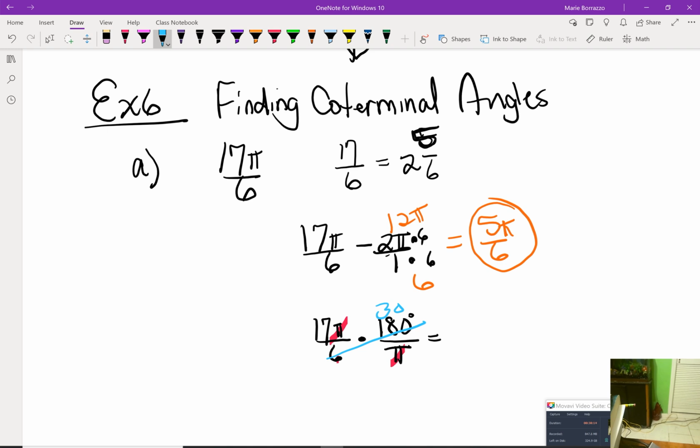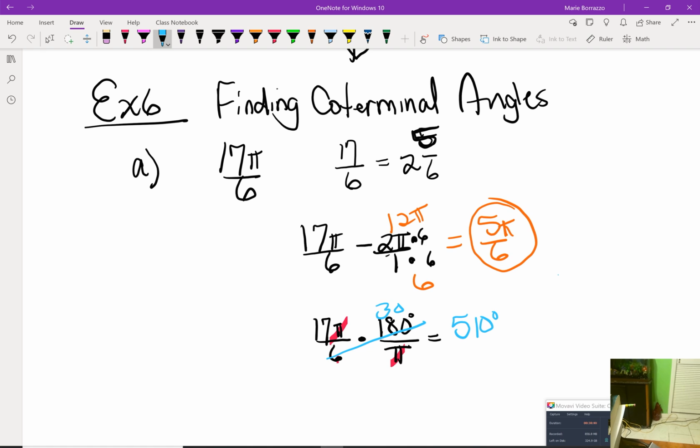And 17 times 30 will give us 510. So this is a 510 degree angle. Okay, so that means that if I'm drawing this, I'm going around the circle twice and then 5/6 with a remainder of 1/6.